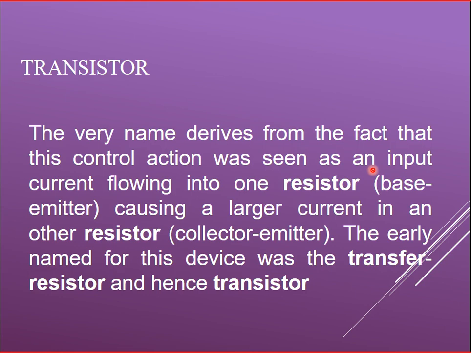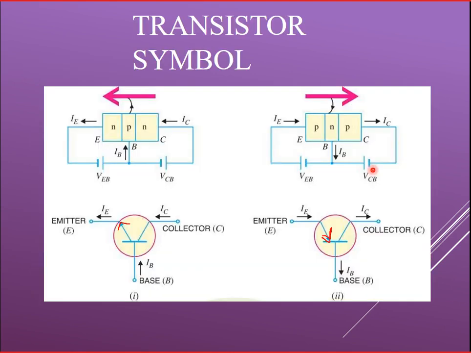And why is it named a transistor? Actually, it's a combination of transfer resistor. Transfer resistor in the sense that initially a huge number of electrons are moving from the emitter. After you apply voltage, those electrons move to the base and towards the collector. So if free electrons are moving, the resistance is changing.